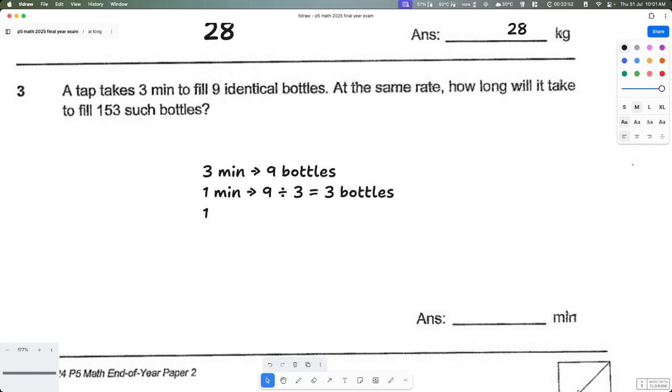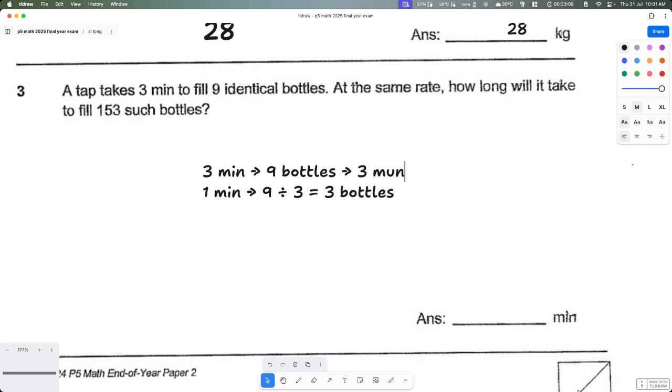So we have 153 bottles. Oops, let me do the reverse. So 9 bottles is equal to 3 minutes. I was so happy that was easy, but it wasn't.